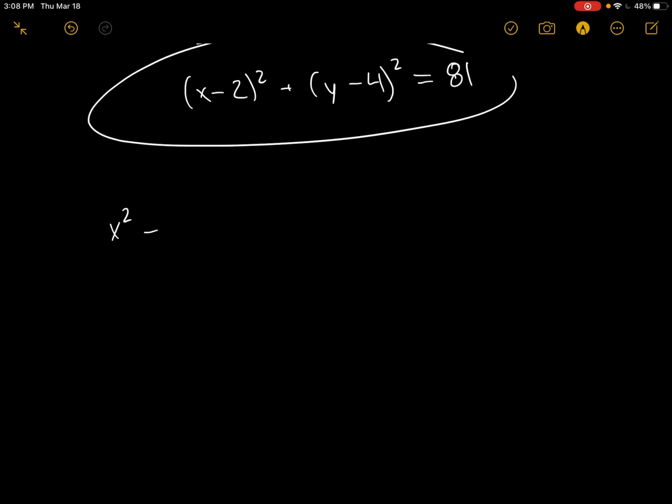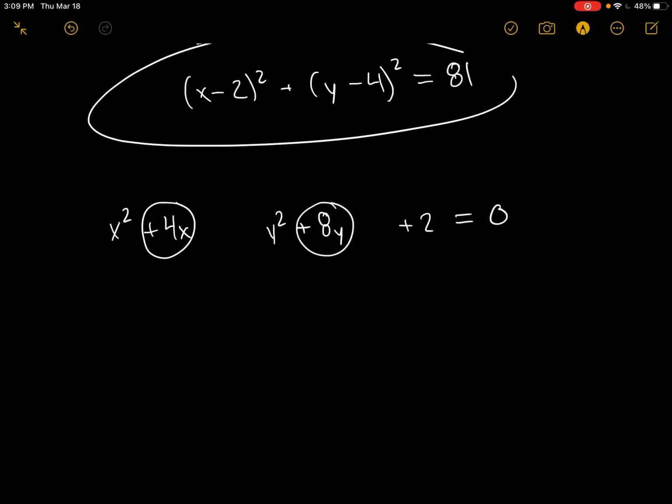Lastly, for converting to standard form, these are our in-depth completing the square questions. So we'd have like x squared plus 4x, we'd have y squared plus, we'll say, 8y, and then plus 2 equals 0, something like this.